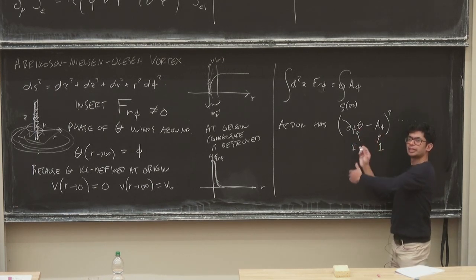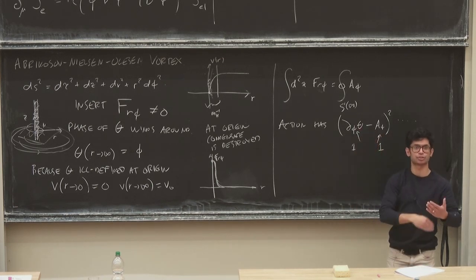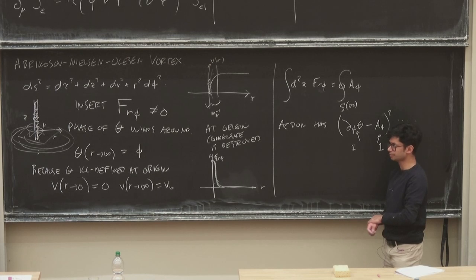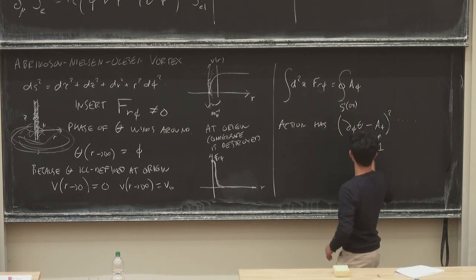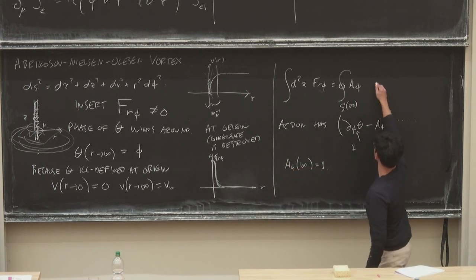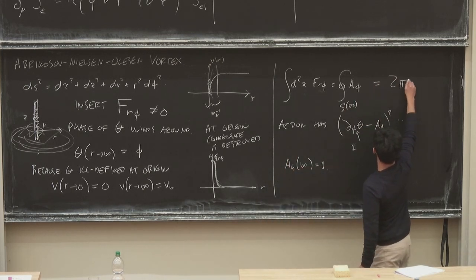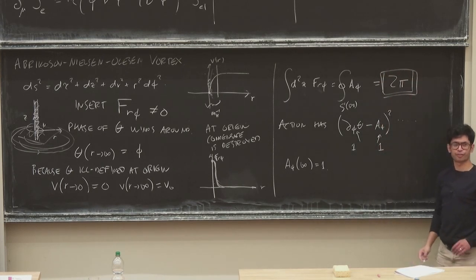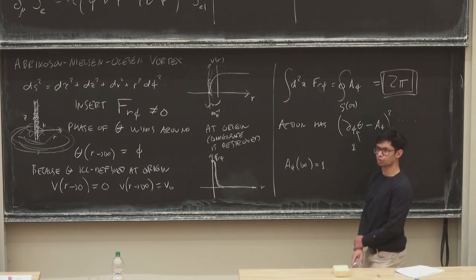Okay? So really what's happening is a_φ will dynamically track until it becomes equal to ∂_φθ. Okay? That's the configuration that minimizes the action. And what that means is a_φ at infinity is equal to 1. And therefore, this thing here is equal to 2π. So the amount of flux inside the vortex is 2π.